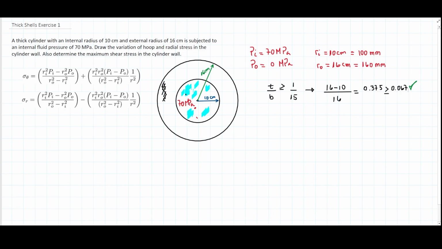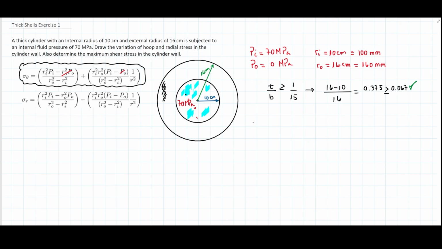Awesome. Now let's talk about the formula. If we want to use the formula for the circumferential stress, all terms related to the outer pressure are going to be zero because the outer pressure is zero.